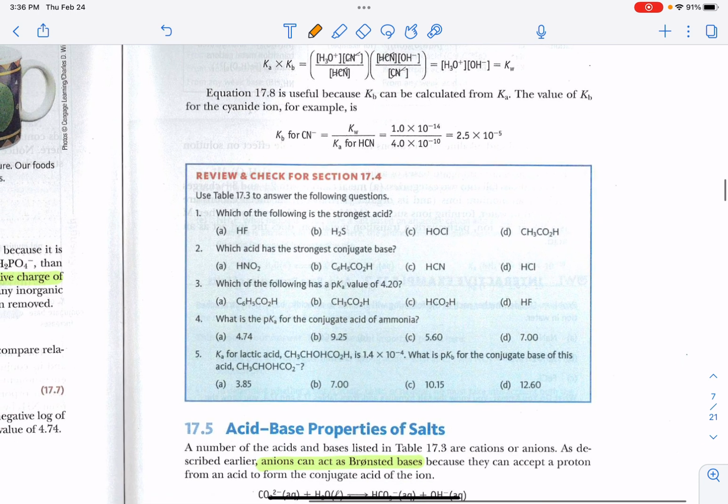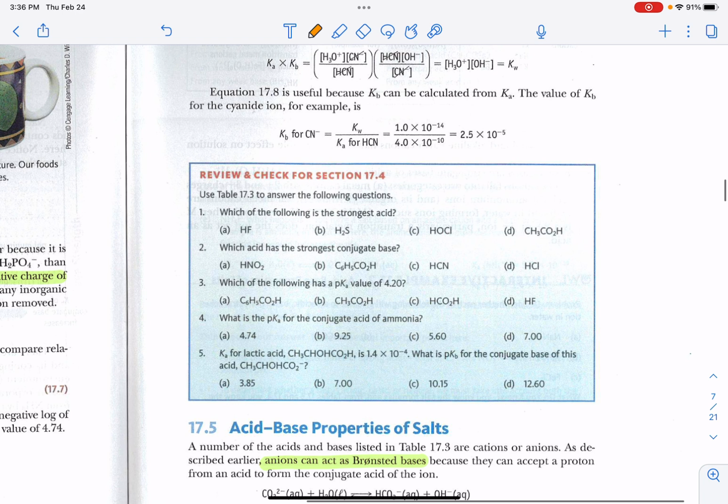All right, let's take a look at this chart right here. Which of the following is the strongest acid? Now here's the trick, because this is on the test. We might ask ourselves this quick question: where did hydrofluoric acid come from? Well, it could have been something that was mined, or it could have been something that was produced in the lab.